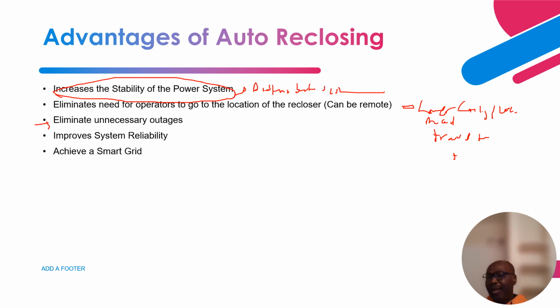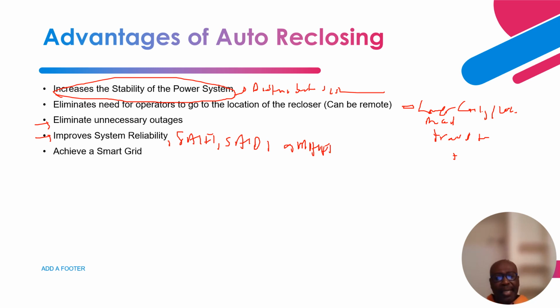Yes, because if the feeder breaker from a substation had tripped based on a transient fault, a temporary fault due to lightning, then it would have created an unnecessary outage that is not needed, right? But the reclosing action basically mitigates that. It improves system reliability, yes, of course, because of the reduction in SAIDI, SAIFI, and MAIFI indexes.